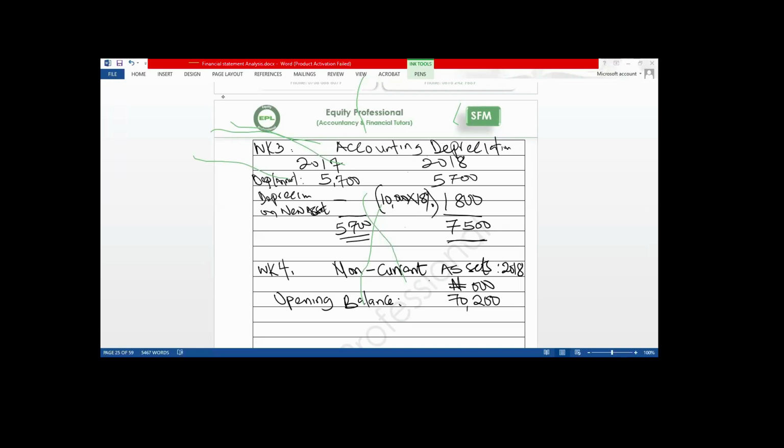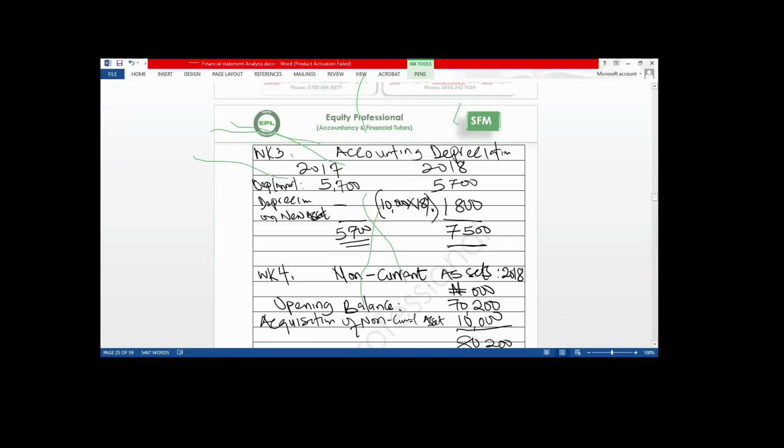When you are done, acquisition for the year, acquisition of non-current assets, the company will acquire 10 million non-current assets in 2018. The total that becomes 8,200. Less depreciation for 2018.